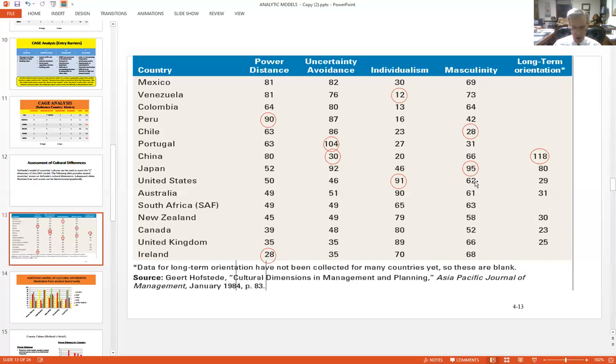Latin countries tend to have high power distance. Peru, as you can see, is very high. On the other hand, Northern Europeans generally have low power distance. And that's especially true in Scandinavia.